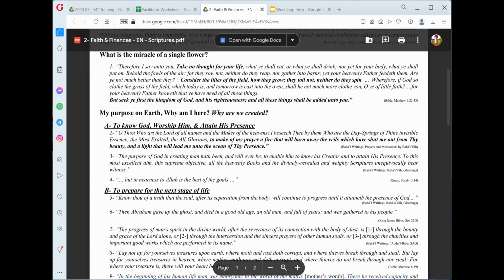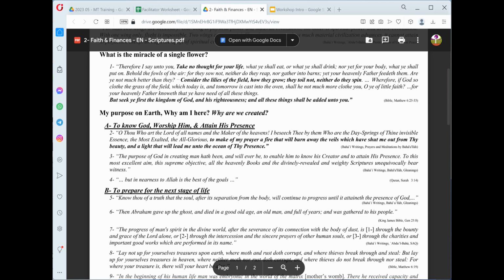All right. Very good. Thank you so much, Raisa. All right. So when I read this, it basically says, and it refers directly to the lily, which is a representative of a flower, or the vegetation. If God created the flower, the lily in the field, which does not do anything, does not go anywhere, and yet God provides everything that it needs: sun, water, air, nutrients, everything.